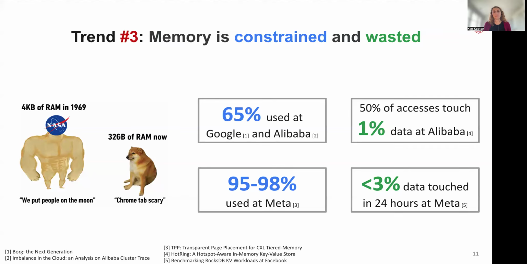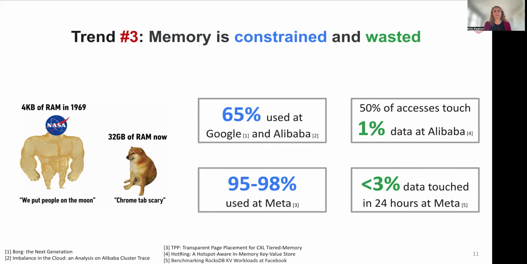The motivation for this paper was that even though there is this hot data, skewed in a small fraction of the allocated memory, this does not fit in LLC. And they have to go through the TLB and then keep doing page walks to go to the memory. So this 1% of data at Alibaba seems small, but it is still a large amount of data that does not fit in LLC. The point of this paper was that there is some amount of this scattering happening.